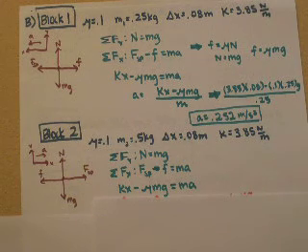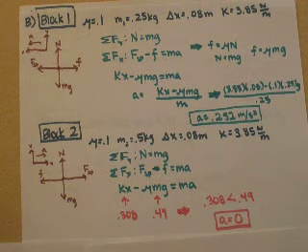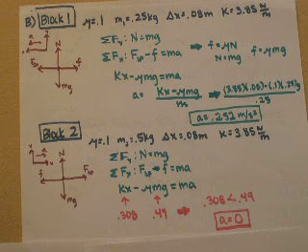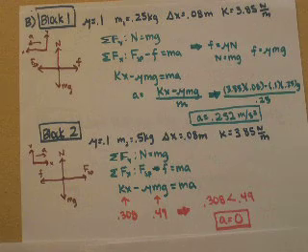Use the same equation, kx minus mu mg equals ma. When I plugged in my numbers, for kx I got 0.308, and that's the force of the spring. For mu mg, that's friction, I got 0.49. Since 0.308 is less than 0.49, there isn't enough force to overcome friction. Therefore, the acceleration is 0.